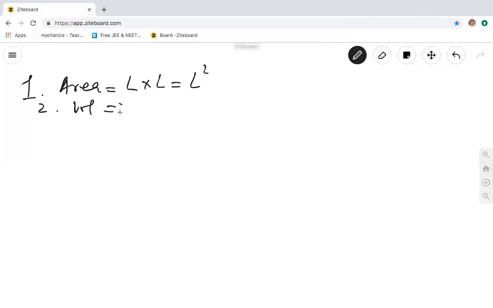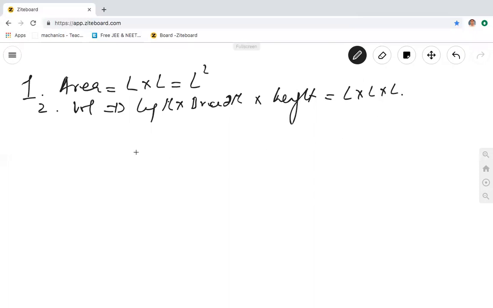Volume, that is length into breadth into height, again L into L into L. If you say the volume of a sphere is 4 by 3 pi r cube, pi is a dimensionless number, r is radius, it is again L cube. So whichever formula you pick up, you'll get the same dimensions, right?